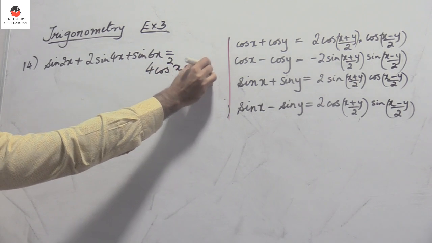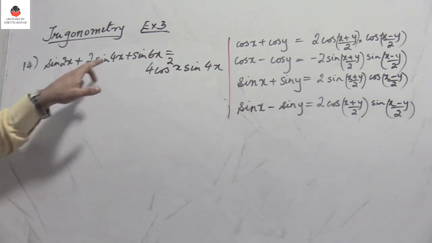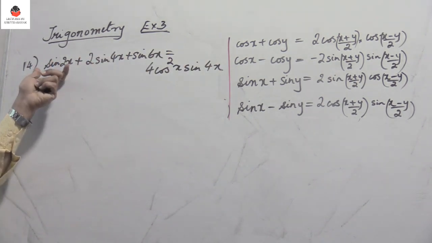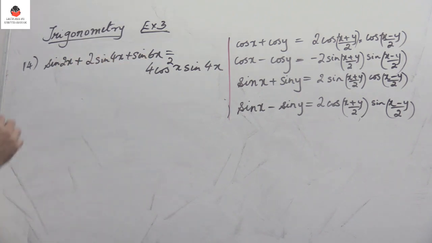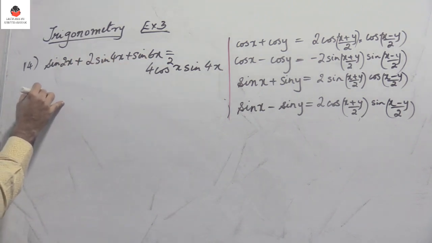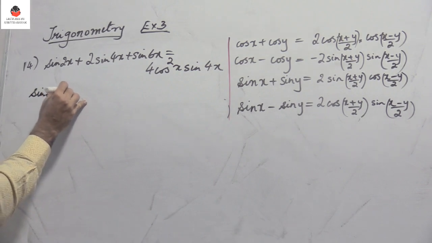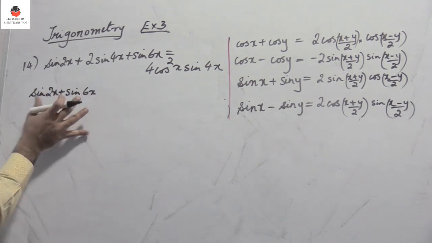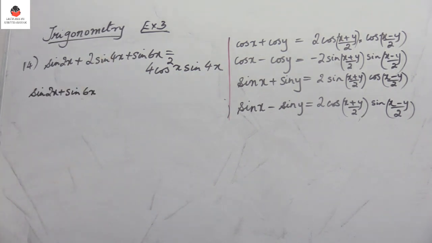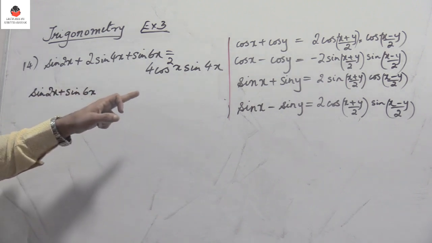sine 4x. So here I have three terms. Now let me take the first and the third term. So we have sine 2x plus sine 6x. This is of the form sine x plus sine y.